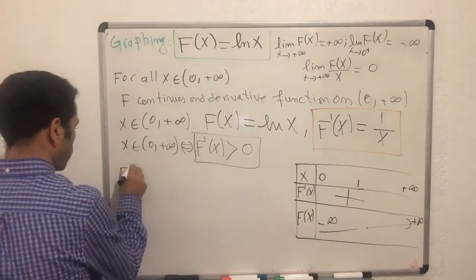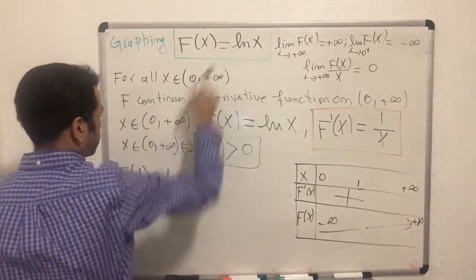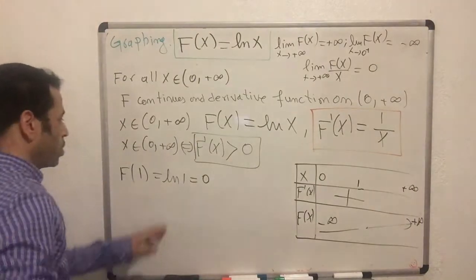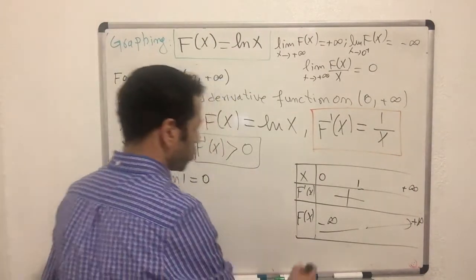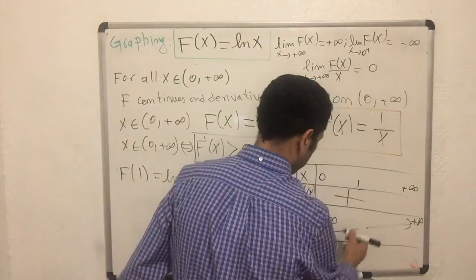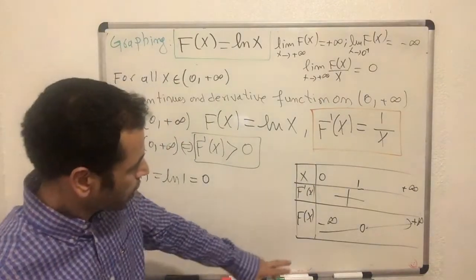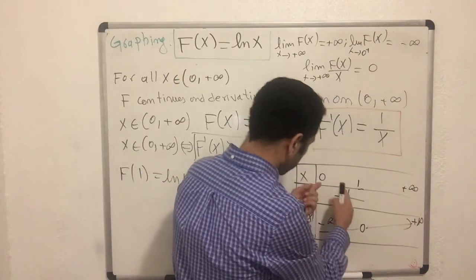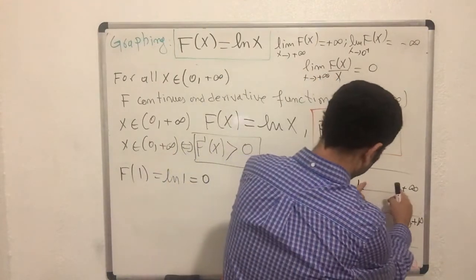Let's calculate f of 1 equals natural log of 1. Just plug in number 1 into this function. It gives you 0, since natural log of 1 is 0. So that means the output of input 1 is 0. What does it mean? That means this function is negative on the interval from 0 to 1 and positive from 1 to plus infinity.